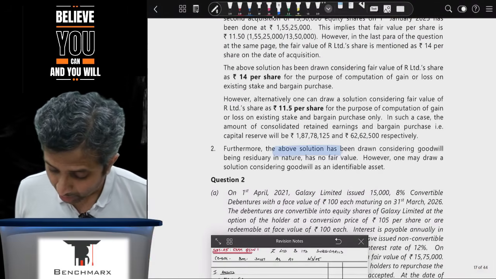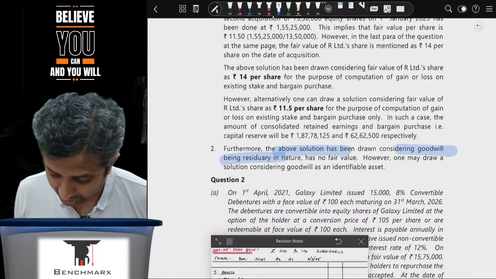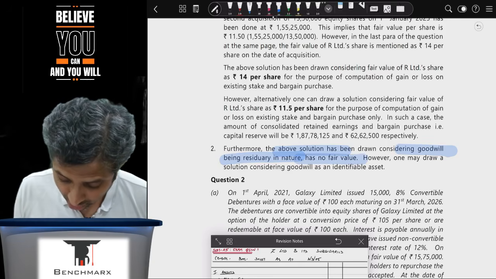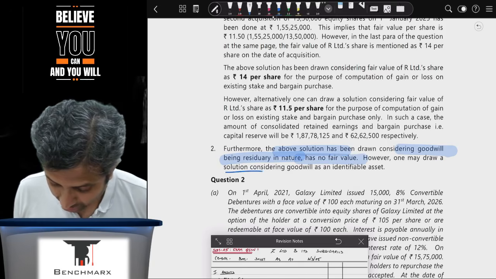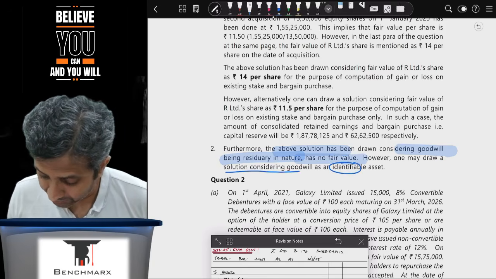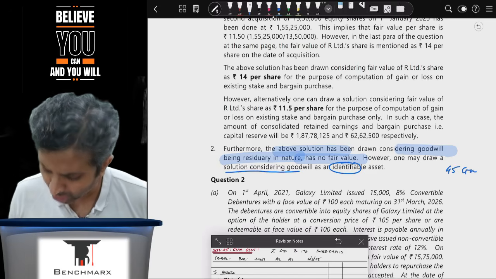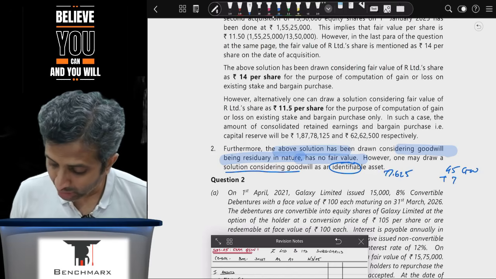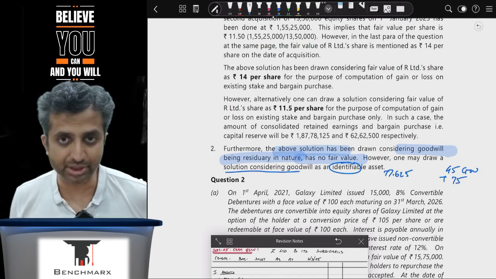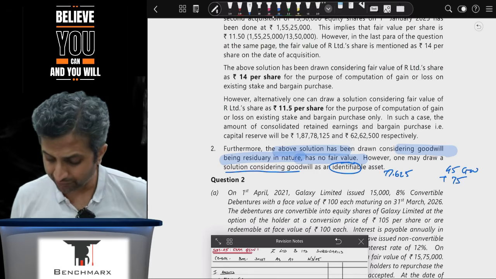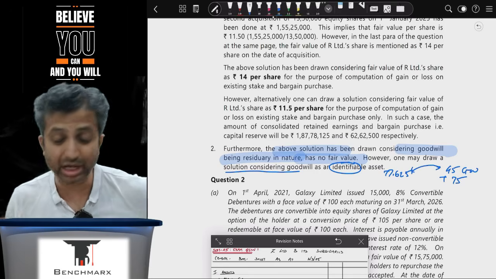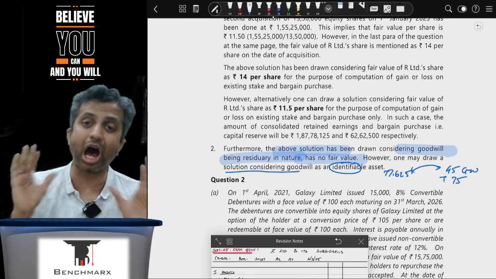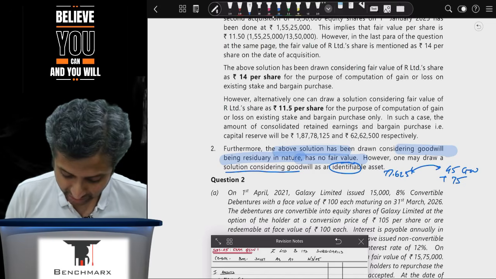Again, at the cost of repetition, if you see the last part of the institute suggested answer, they say the above solution has been drawn considering the goodwill being residual in nature and has no fair value. However, one may draw a solution considering goodwill as an identified asset. If that is the case, then 45 will appear as goodwill along with 75, and 77,62,500 will appear as your capital reserve. In this particular case, we are just netting these two off and showing the net 32,62,500, 75 separately for the parent is separate, but for R as a whole, we are showing a single number.